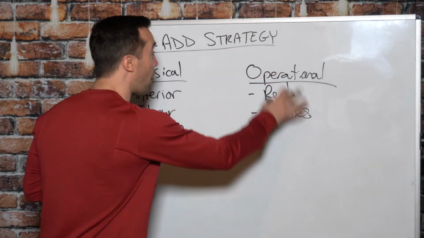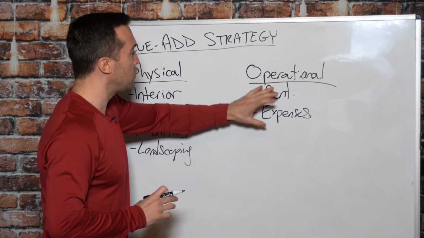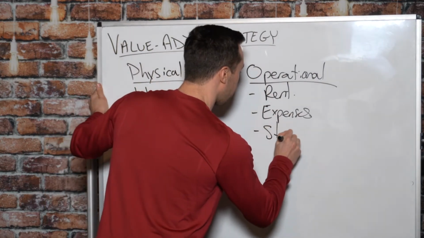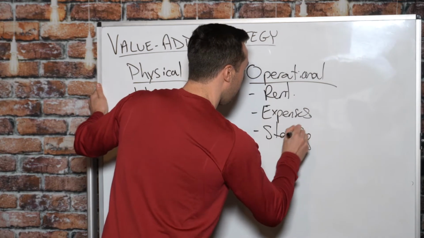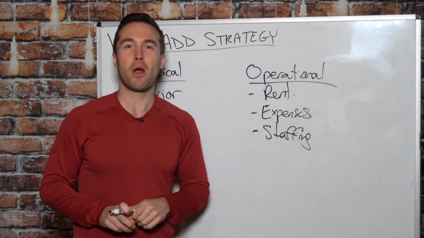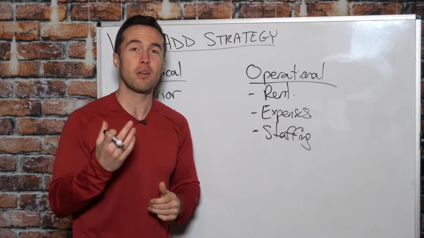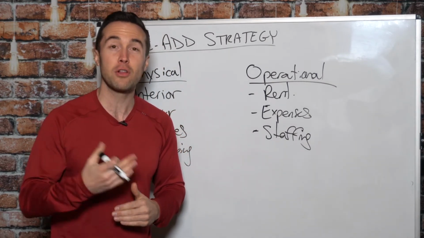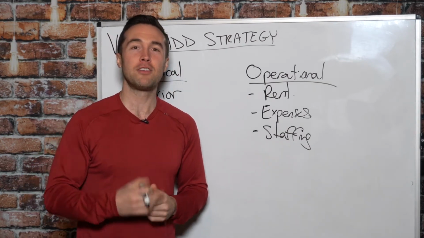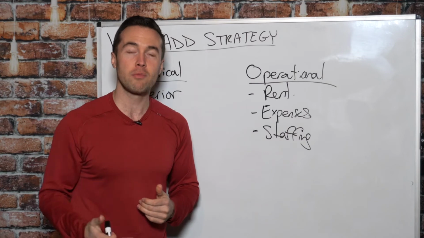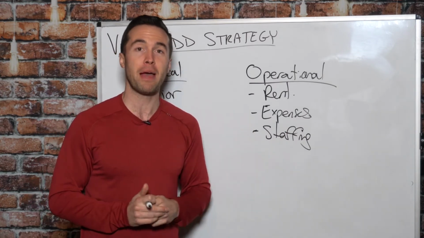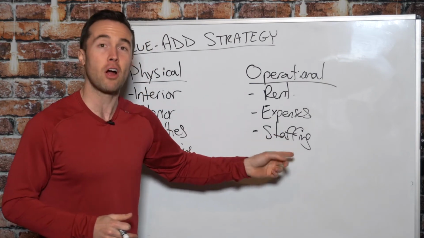And then we also have other things that aren't really related to the actual expenses or the rent. We have things like staffing. Staffing plays a huge part of the success of your property. If your leasing agent is very poor at closing prospective tenants, if you can bring in a better person to meet with prospective tenants, walk them through your process, sell them on why your property is better than the other competitors, that's going to have a big impact on your bottom line.